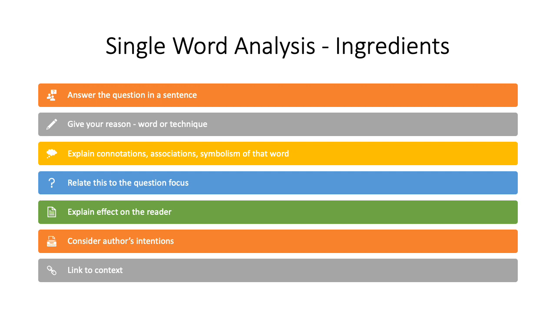What you need to do to really hit the mark scheme as well is to explain the effect on the reader in general of that word used by the writer or that technique. So here's where you really need to show that you're fully aware that our job at the moment is to analyse the work of a writer. So you need to explain the effect of that writer's decision on the reader.